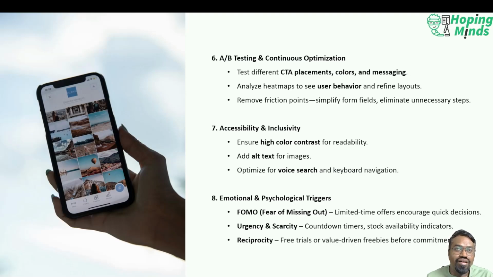So there might be fear of missing out: if I as a customer do not buy this particular product in this limited timeline, then I might lose out on that product, and the next time, if that sale is over, I might pay heavily for it. So to make quick decisions, it's very important that we put FOMO on our website if it is a product-based website. I hope you all understood.